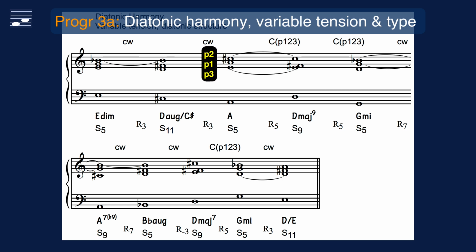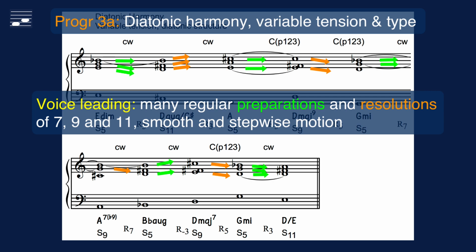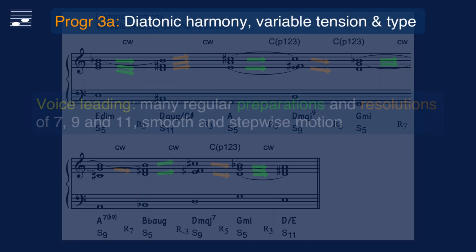The order of the 3 part labels P1, P2 and P3 is maintained in the following fully parallel connection. Note that the pitches themselves may change, but the order of the upper layer chordal functions is identical. The voice leading for this example has many regular dissonant chordal function preparations and resolutions, involving stepwise motion.